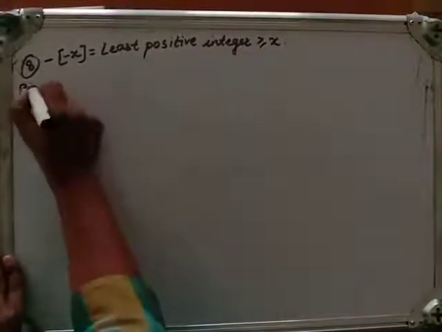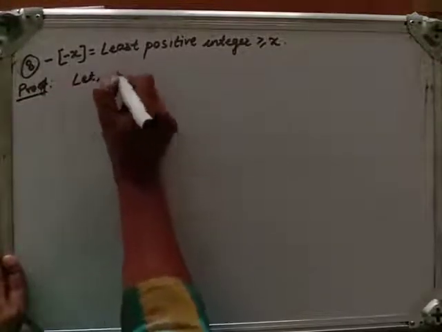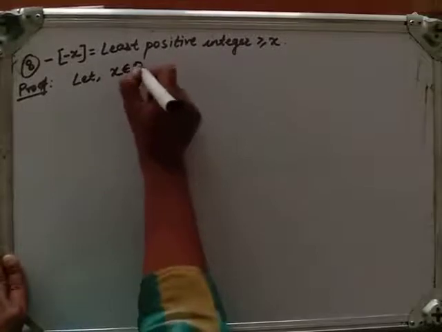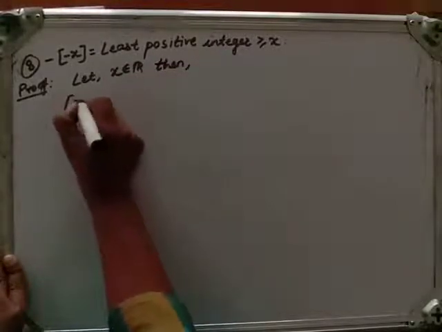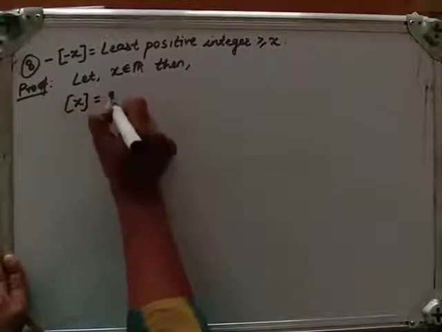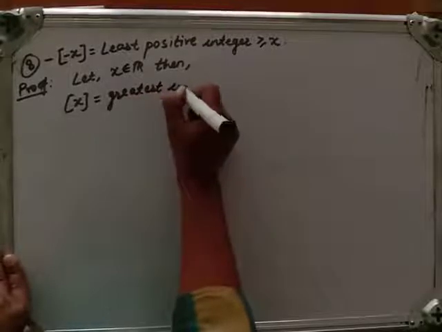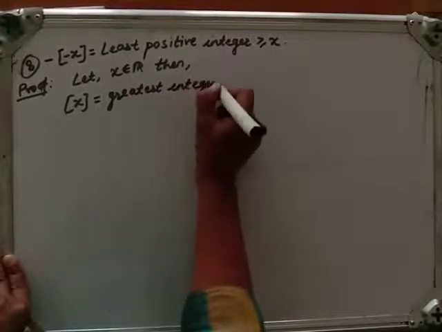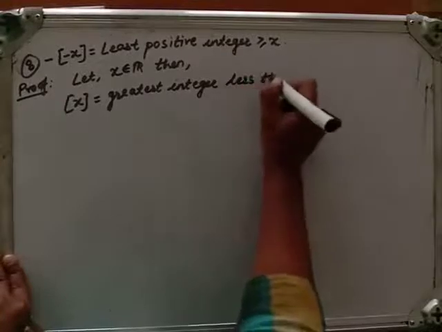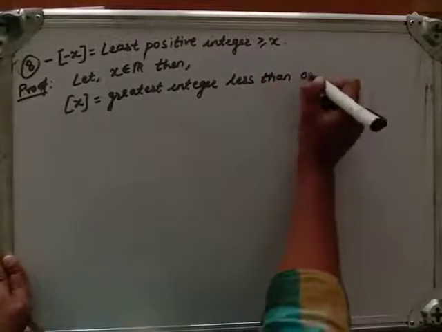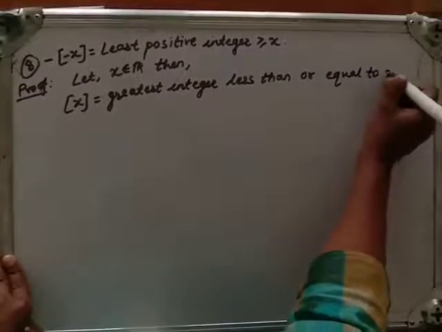So proof of this: let x be in the set of real numbers, then this is what? The greatest integer less than or equal to x.